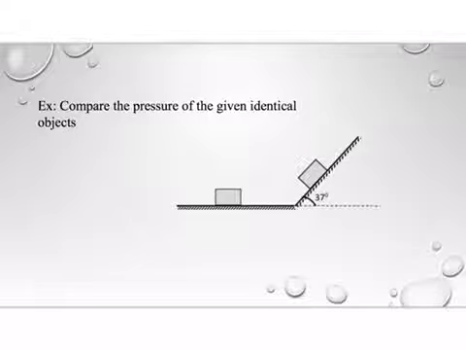Compare the pressure of the given identical objects. As they're identical, they have the same weights. This has a weight of, let's say, G, and this has also a weight of G. Here you see that the weight is perpendicular to the surface, but this is not perpendicular.